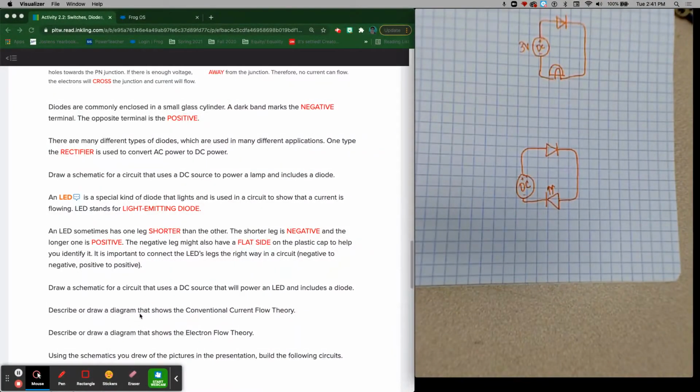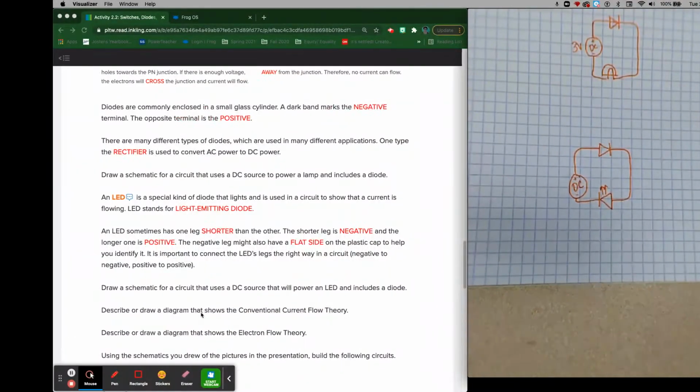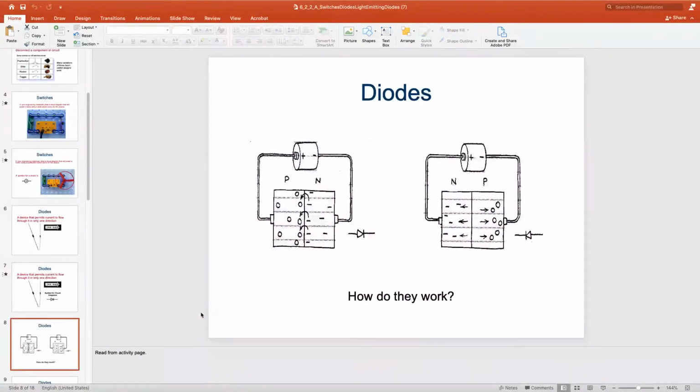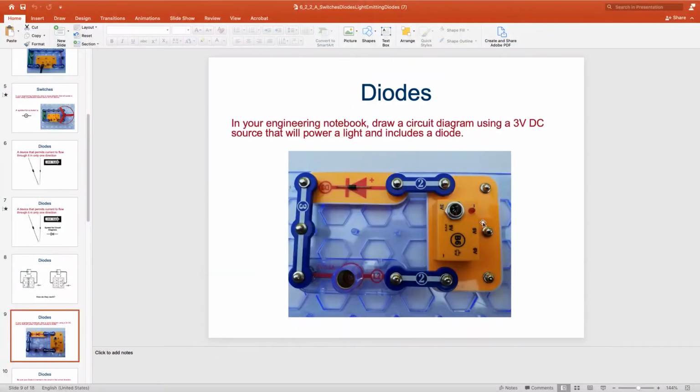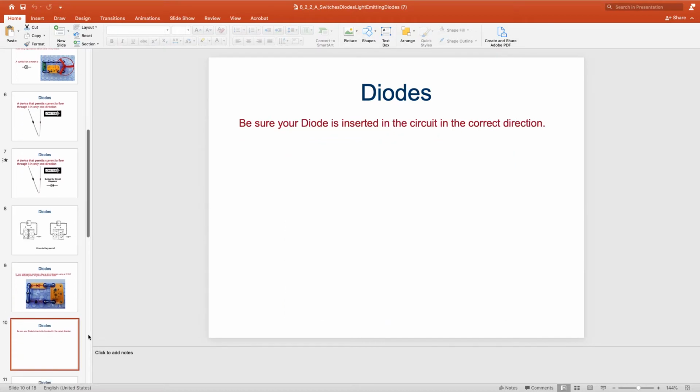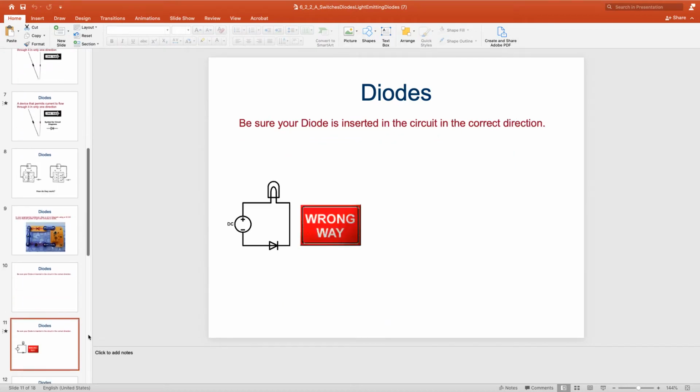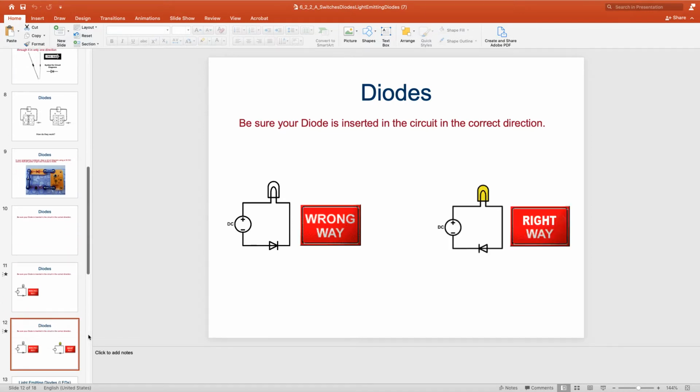Now, we can draw or describe a diagram that shows the conventional flow theory. Now, to get to that, we have to go back to our diodes here. Okay. And this is similar. This is the diode with a lamp. Okay, and we've already talked about this, about making sure it goes the right direction.